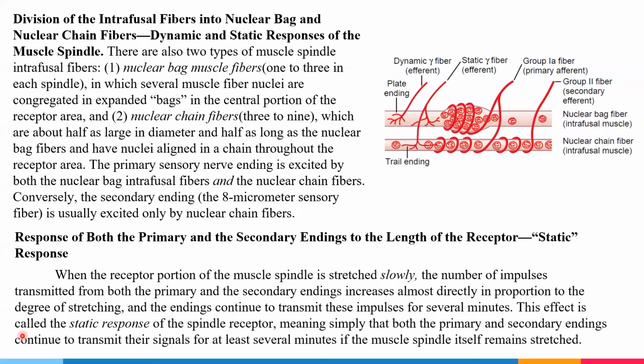This effect is called the static response of the spindle receptor, meaning simply that both the primary and the secondary endings continue to transmit their signals for at least several minutes if the muscle spindle itself remains stretched.